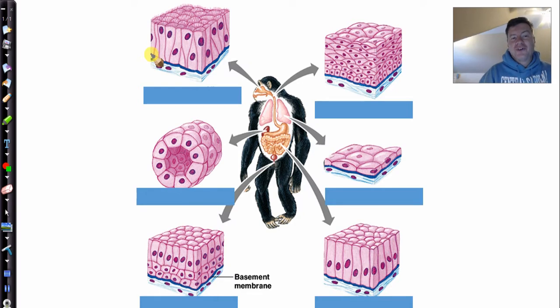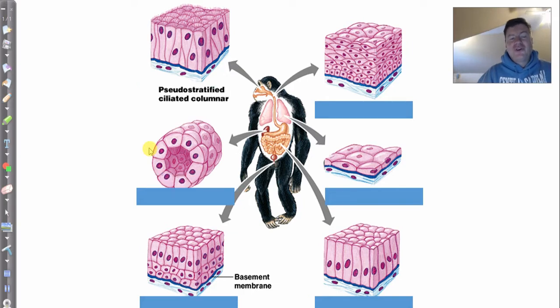Okay, they look more column-like. So the best name for this epithelial tissue would be what? Okay, hopefully you saw pseudostratified, ciliated, columnar epithelium. It's a mouthful, but it actually tells you exactly what this tissue is. Let's look at the next one.